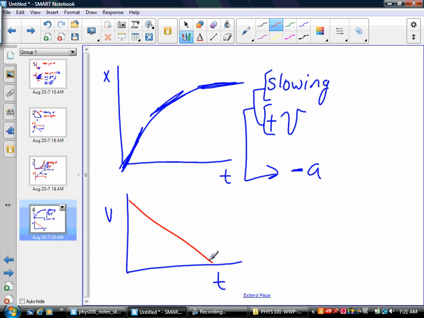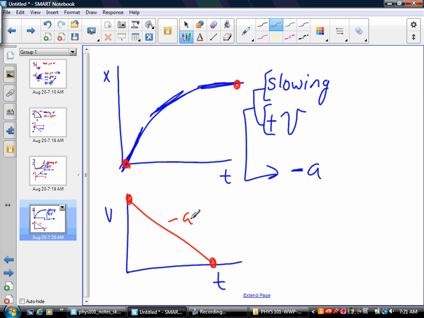All right, so that's my velocity versus time. This point is represented here, and this point is represented here. That has a negative slope, so a negative acceleration. These are fairly important that you be able to understand and interpret these position and velocity versus time graphs.